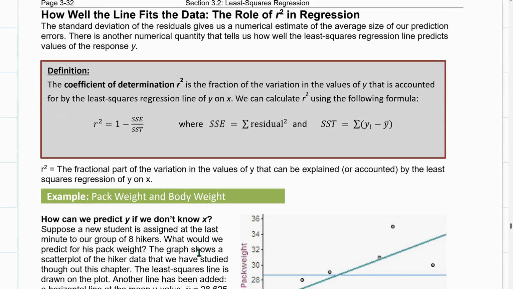One last thing we want to look at, and that is the R squared value that we alluded to earlier. The R squared value is called the coefficient of determination, and it's got a really interesting property. It says the standard deviation gives an estimate of the average size of the prediction error, but R squared tells us the fraction of the variation in the Y that can be accounted for by the linear regression of Y on X. Let me see if I can explain this using the information that we collected earlier.